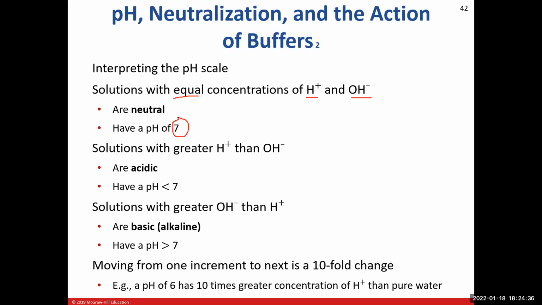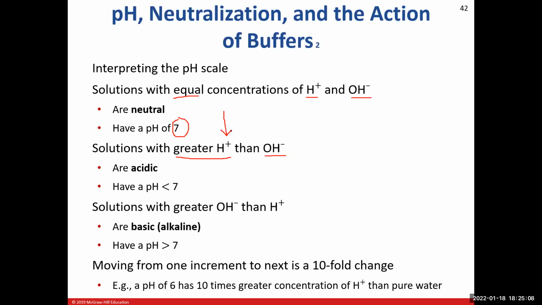Now, if I take some solution and add it to water, and I find out that I get way more hydrogen ions than hydroxide ions, then that solution is going to be acidic. Because remember, acids donate hydrogen ions. It's a proton donator.